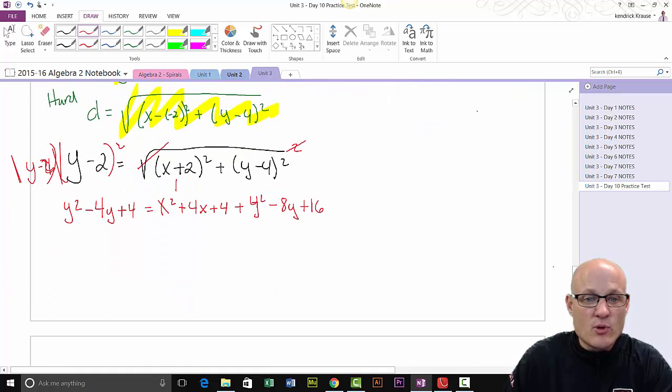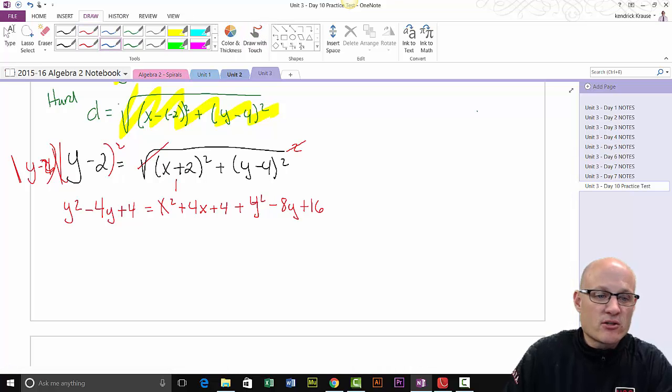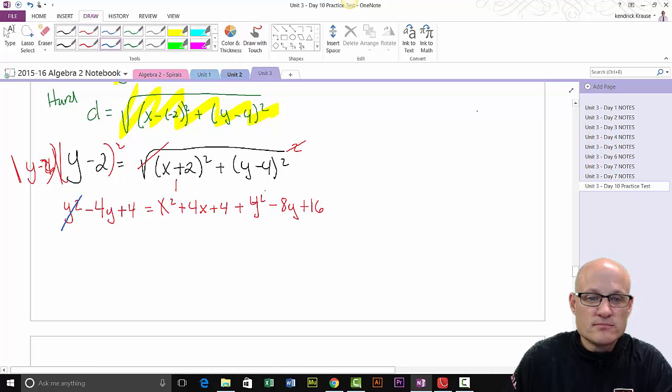So now all I got to do is solve for y. If you did it correctly, the y squareds cancel. In this case, I had these 4's cancel again. That's kind of nice. I'm going to add this 8y over. Why is it always 8y? That's weird. So I end up with 4y equals x squared plus 4x.